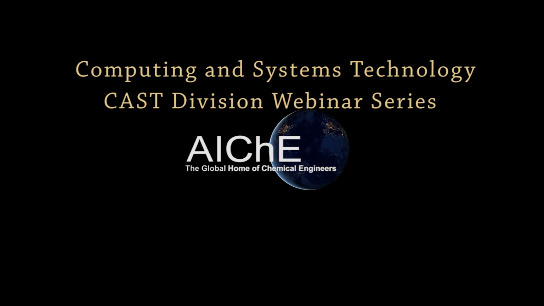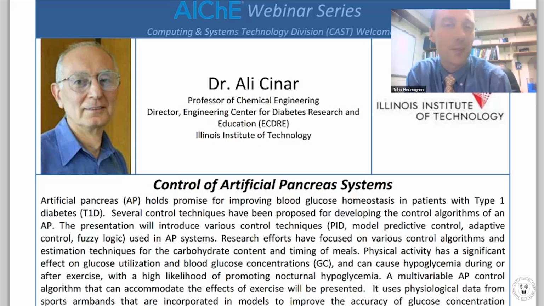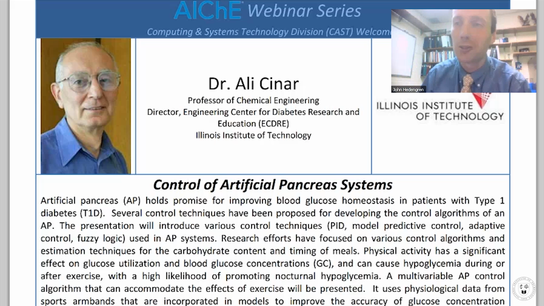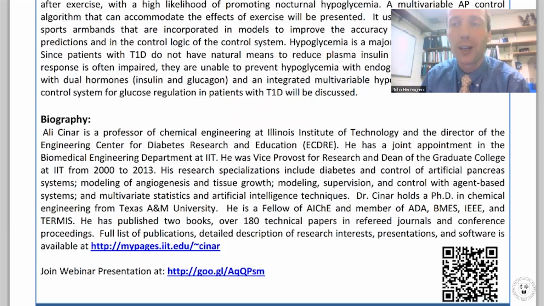Okay, so I'd like to welcome Dr. Ali Sanar. He's a professor of chemical engineering, and he's also the director of the Engineering Center for Diabetes Research and Education at the Illinois Institute of Technology. We are fortunate to have Dr. Sanar. He has a number of years of experience in this area and has some exciting new results in the design of artificial pancreas.